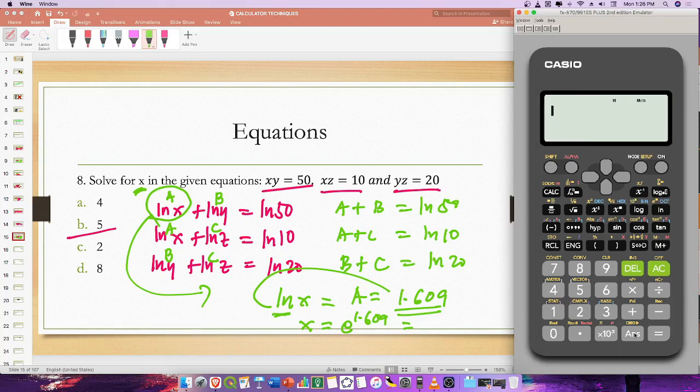Take note of your answer, 1.609. Go to shift ln, that is e raised to a certain number, raised to our answer. So answer is 1.609. Oh, this is wrong. Again, e raised to that number, and that is the value of x.